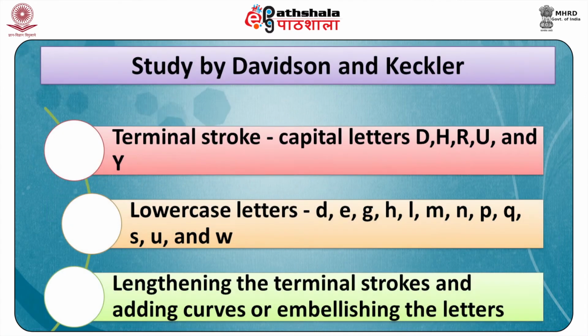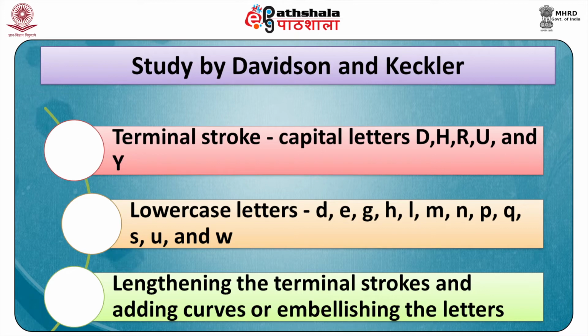Of the 28 writers who utilized this latter characteristic as a form of disguise, change to the terminal stroke occurred more in the capital letters D, H, R, U, and letter Y.